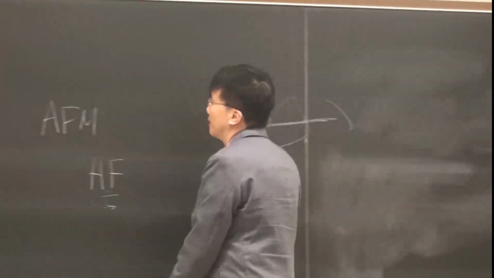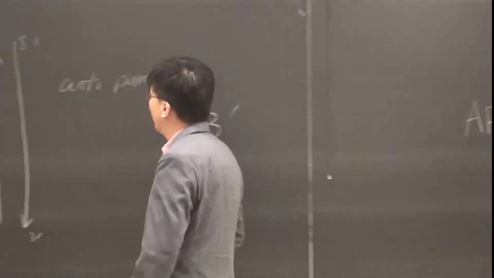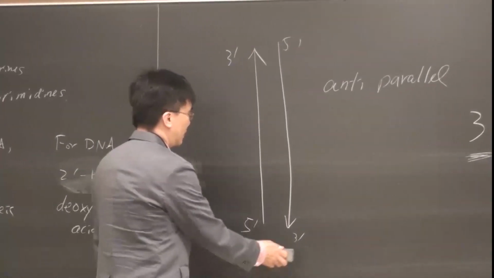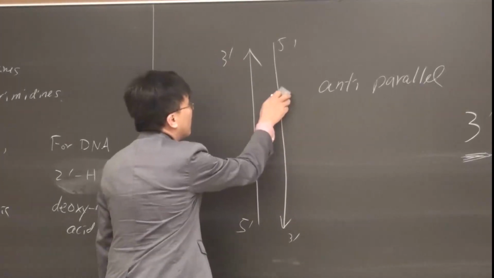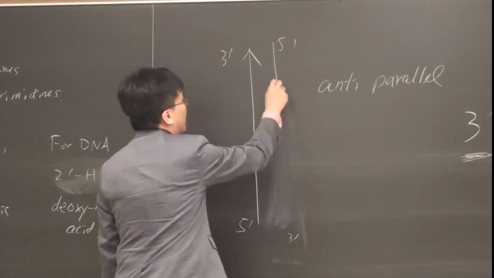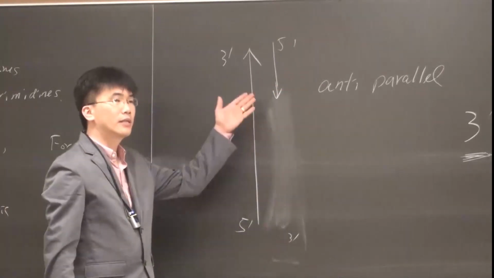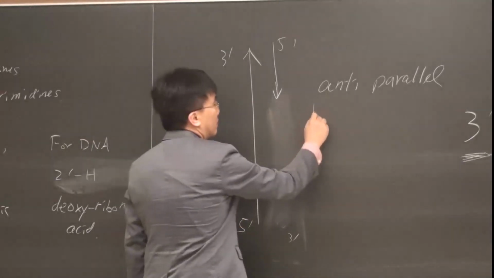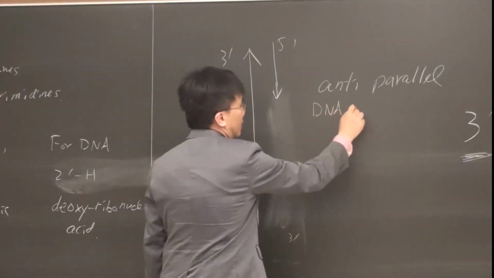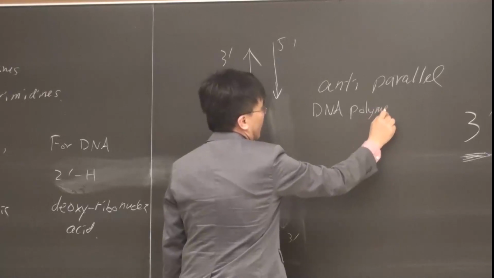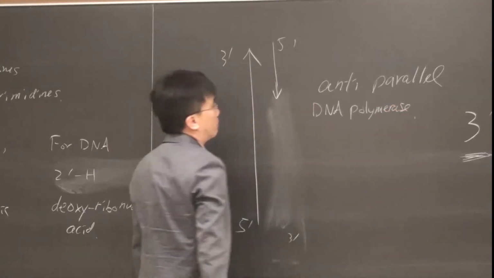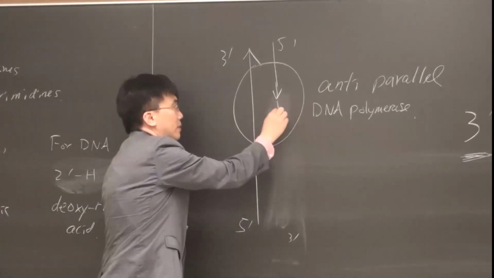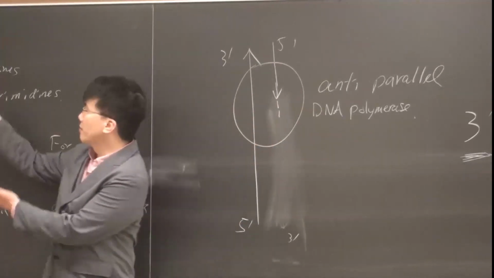That's how it works. So let's imagine you have a DNA structure like this. You have a single-strand DNA region, and then an enzyme called DNA polymerase can come and bind here, and add one unit of DNA at a time.